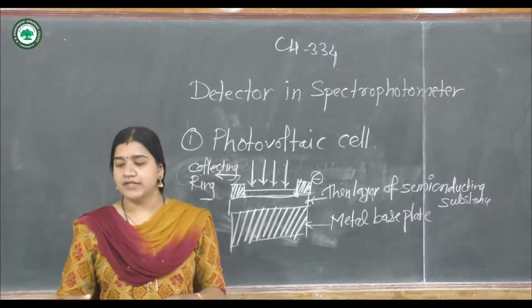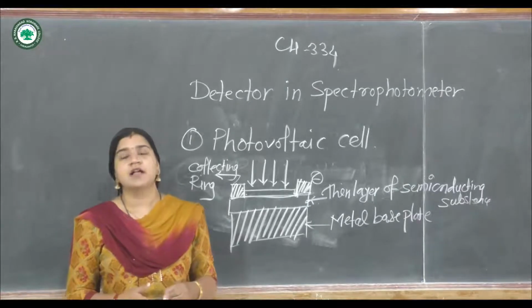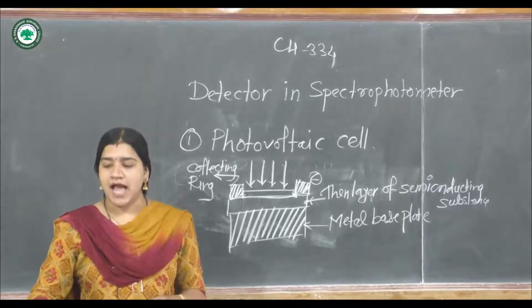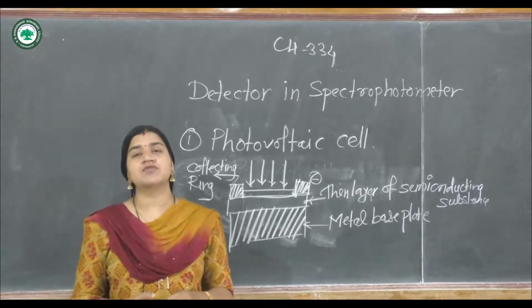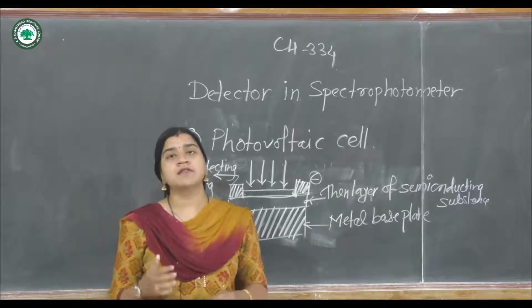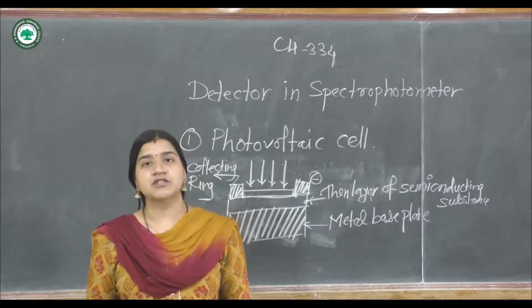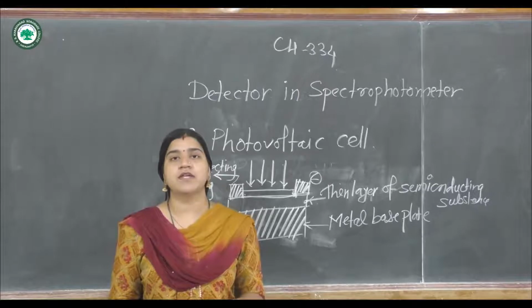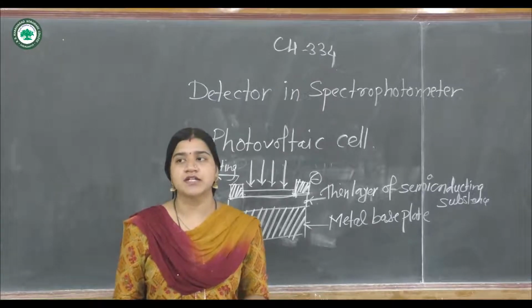The photovoltaic cell works on the principle of the photoemissive cell, and it works without the use of a battery. It generates the current as a result of the incident radiation.